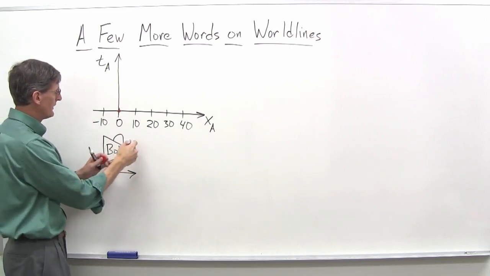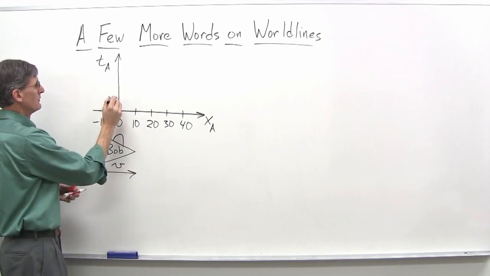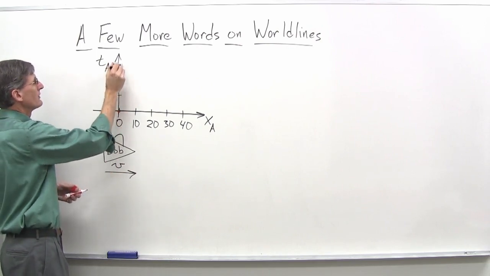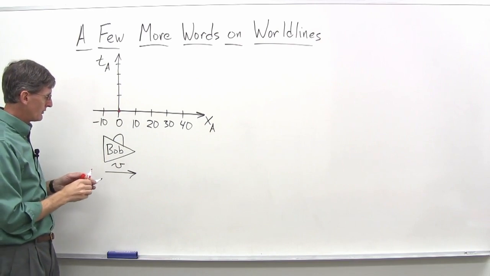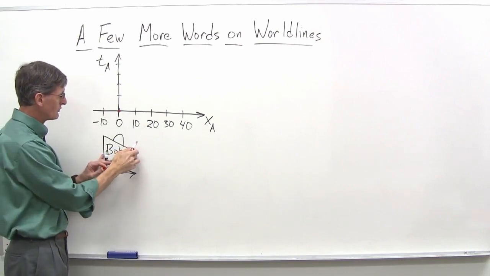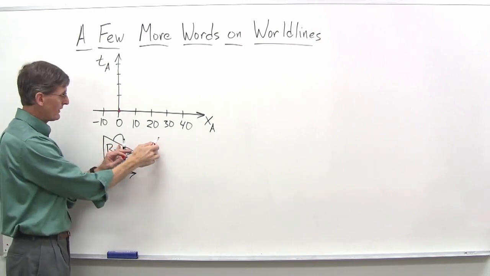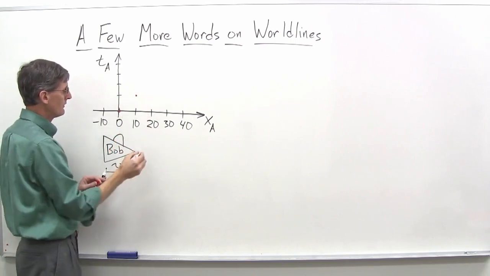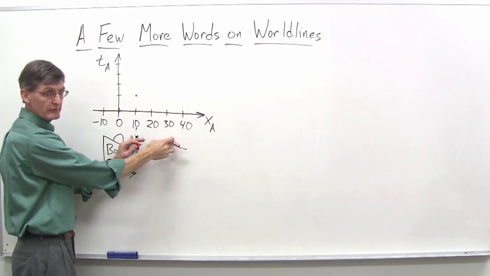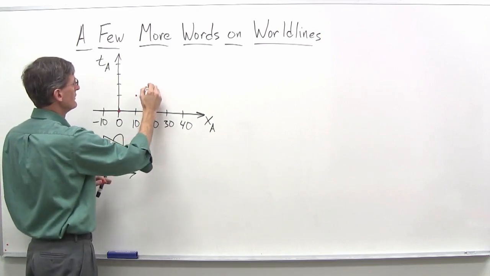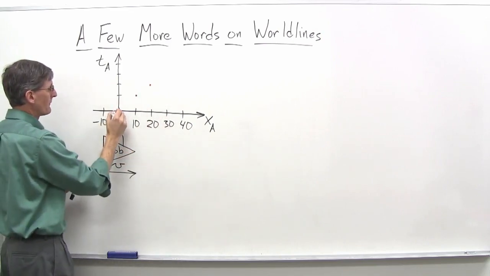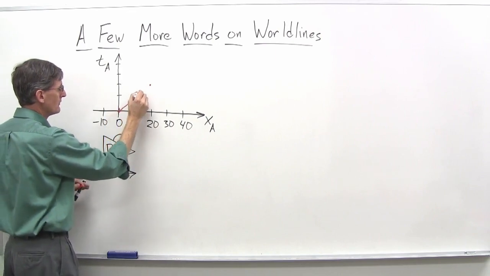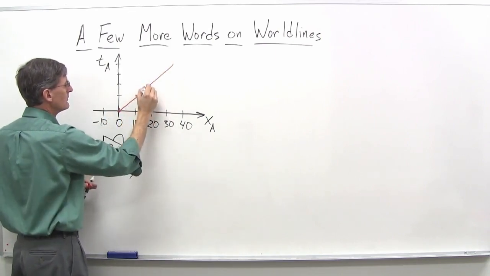Then let's put some tick marks here for time. At the next time, the ship has moved over 10, so now he's at position 10, and he'd be right there, and then move again, he'd be at position 20, and so on and so forth. So the world line of Bob in the cockpit would look like that.